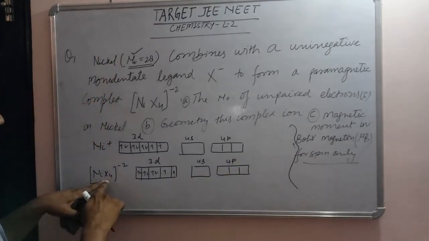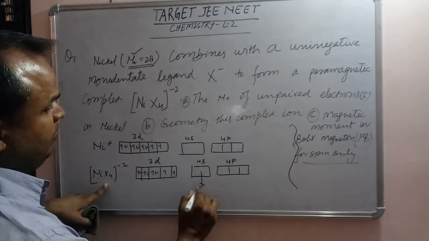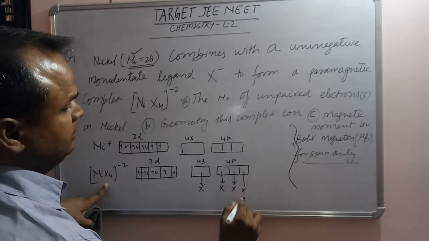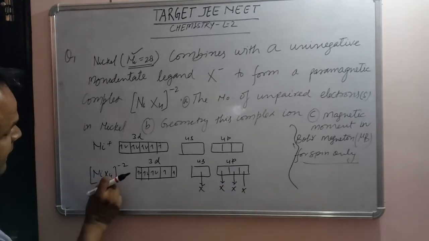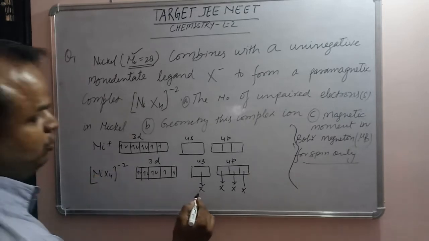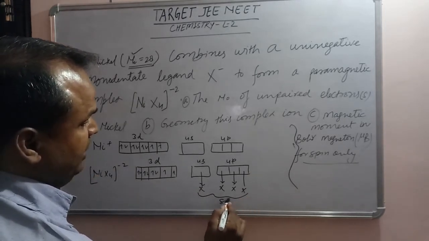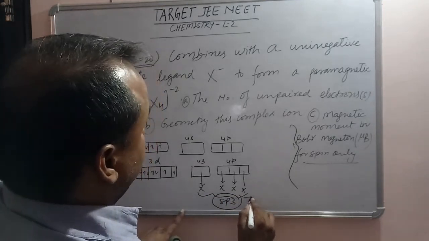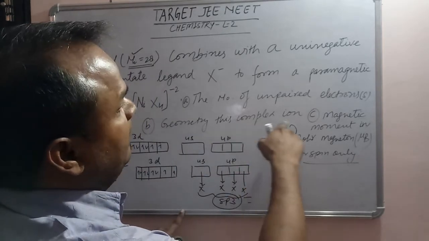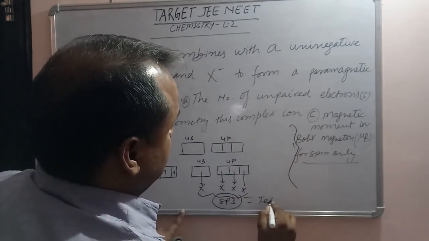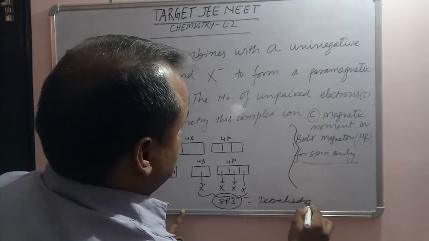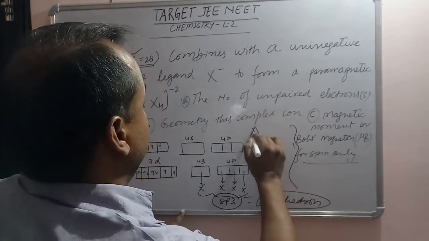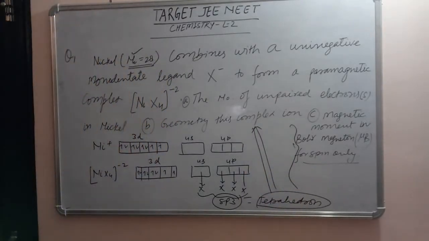We are having 4 X atoms, so one combines with this, one combines with this, one with this, and one with this. So combination of X with the orbitals of nickel is only this, means sp3. So for sp3, the geometry of the complex would be tetrahedral. Second part is the answer of B: geometry would be tetrahedral.